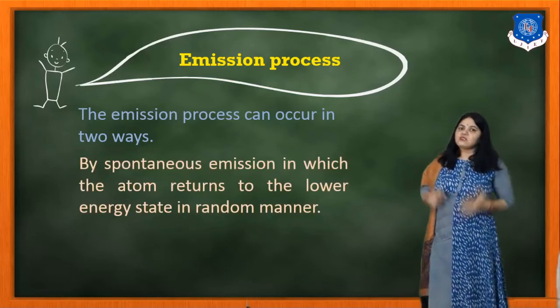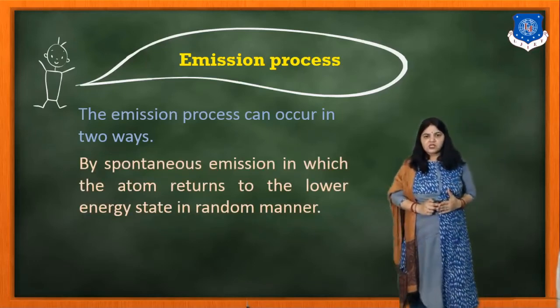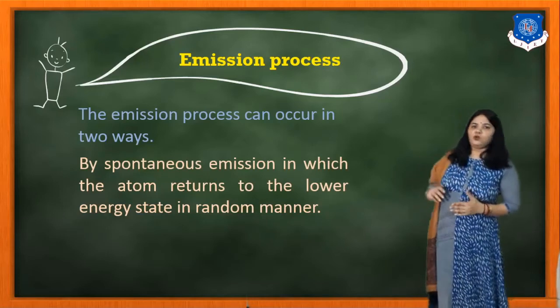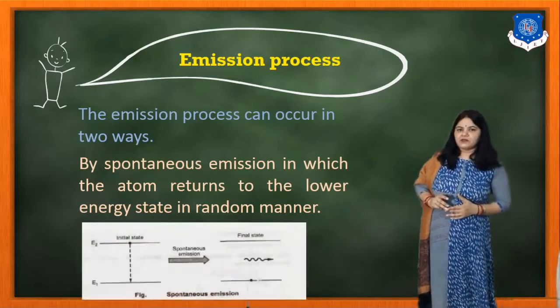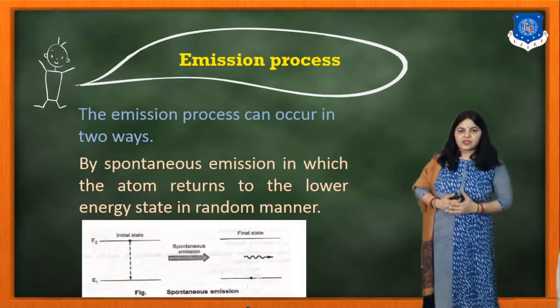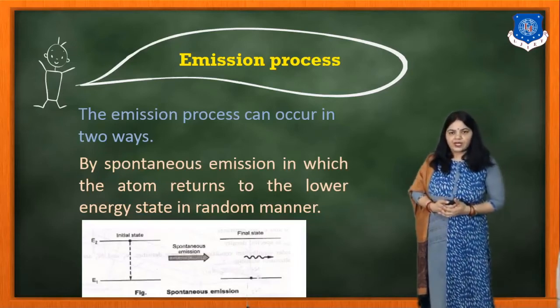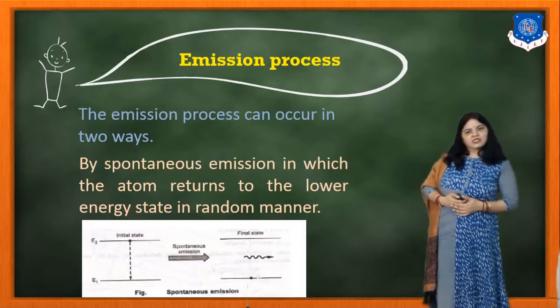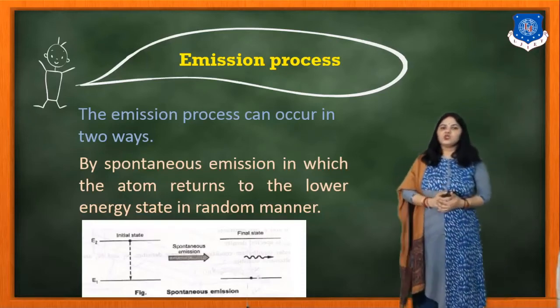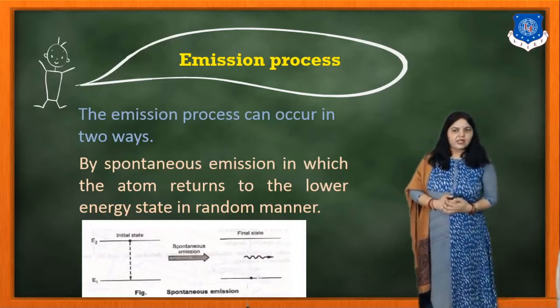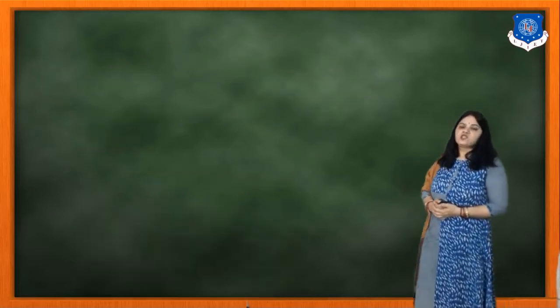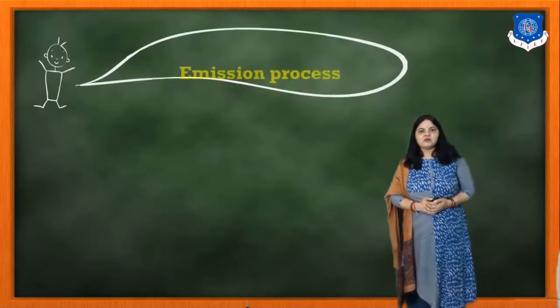The first is spontaneous emission, in which the atom returns to the lower energy state in a random manner. Here in the diagram you can see how the atom reaches the lower level again. This process of returning to the lower energy state in a random manner is referred to as spontaneous emission.